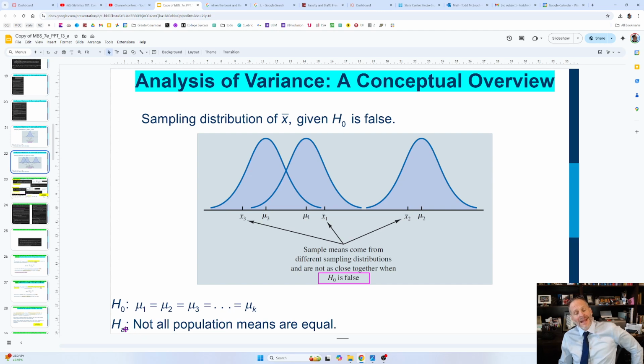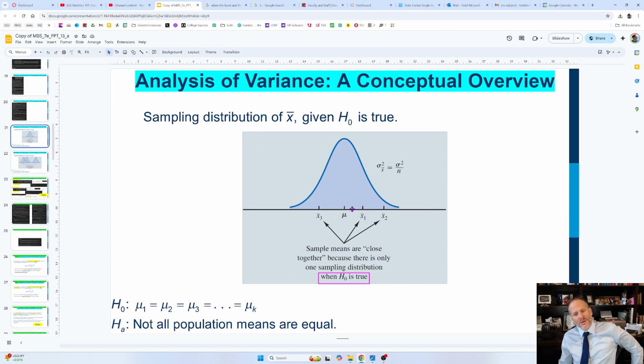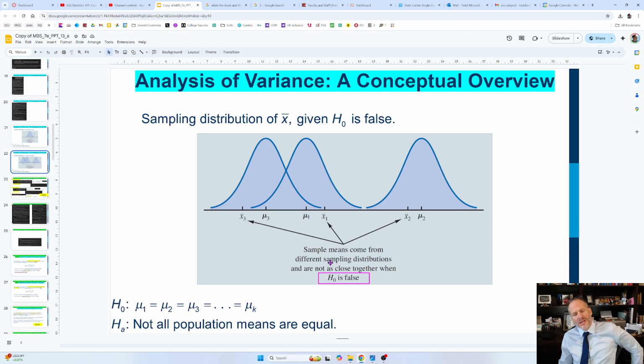And that is that at least one of the means is not equal to the others, right? At least one of the means is not equal to the others. So we don't have the situation where all the means are equal. They're the same mean. We have a situation where at least one of these is not equal to the other means. They're coming from a different probability distribution.